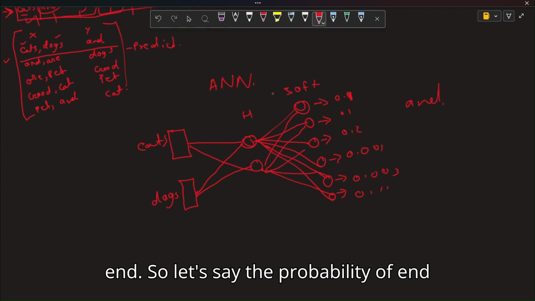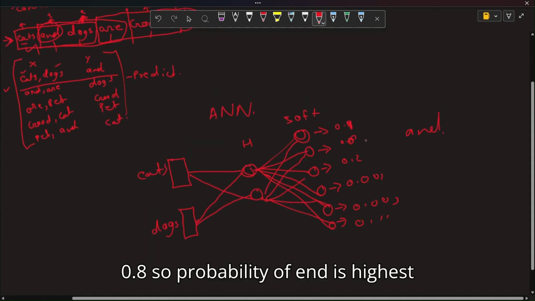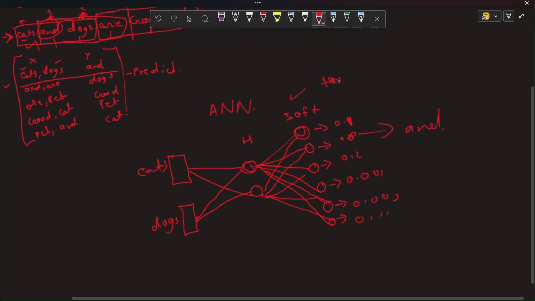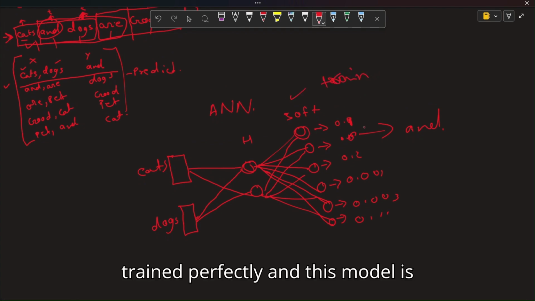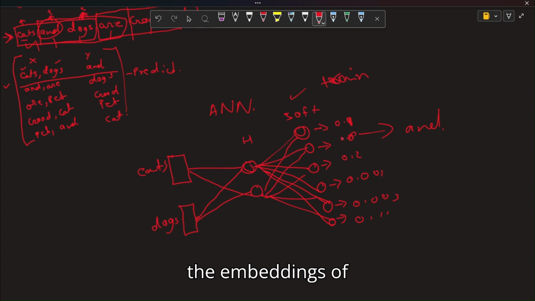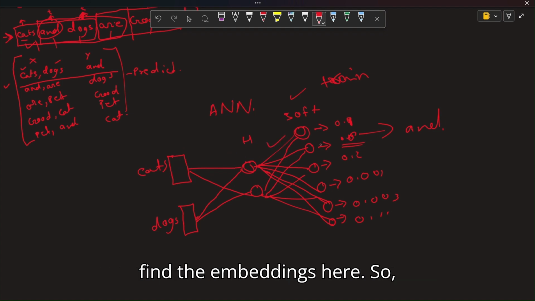Let's say the probability of "and" is highest, say 0.8. So the probability of "and" is highest, and this model is trained perfectly and is accurate. Now, where will we find the embeddings of this word? After completing the training process, we will find the embeddings here.